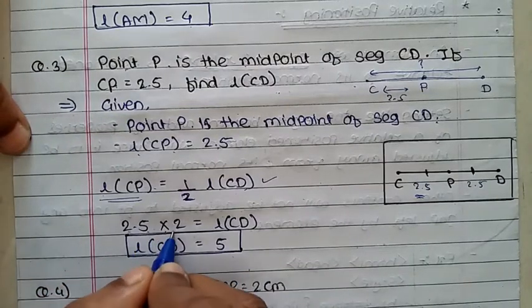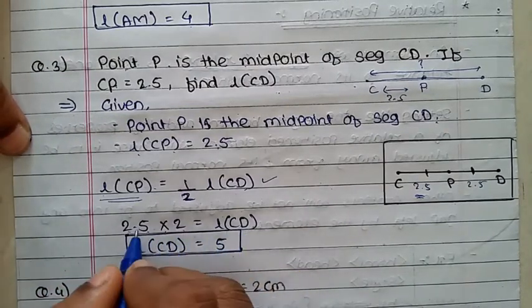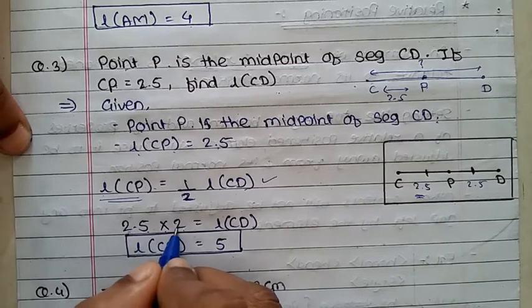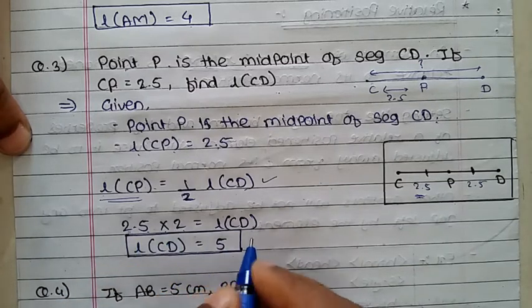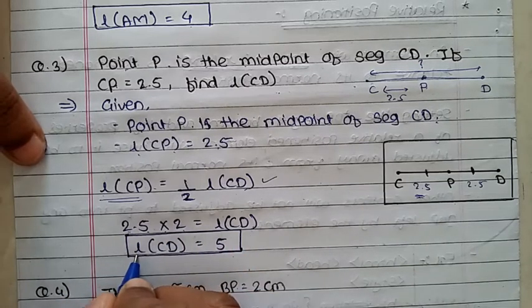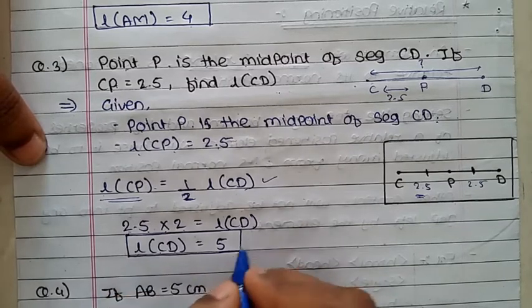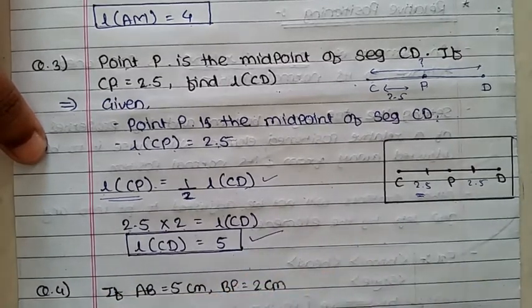So 2.5 into 2 is equal to CD. When we multiply 2.5 by 2, the result is 5. So the length of CD is equal to 5. Understand this one? Clear?